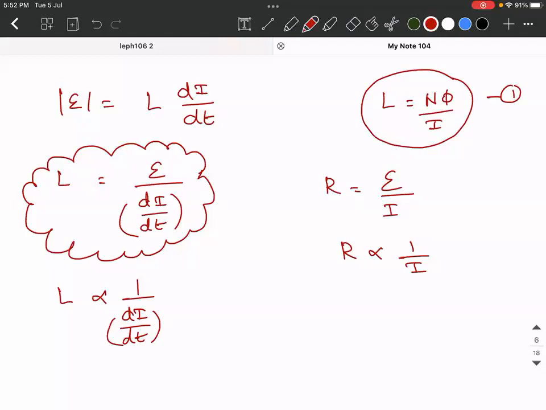So if the work of a resistor is to oppose the flow of current, the work of an inductor is also to oppose, but it will not oppose the flow of current, it will oppose the rate of change of current. In the sense, inductor will not allow the current to change with respect to time. You cannot take that, because why did I compare only these two? Because what is common in the numerator? EMF. There it is flux, no. So I cannot compare with that.